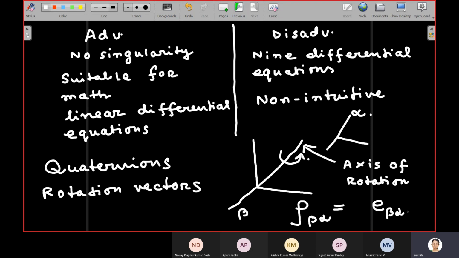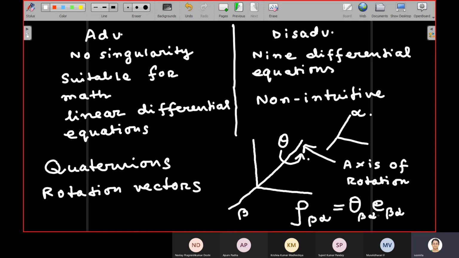Whether we resolve it in the beta frame or alpha frame, we get the same components, right? So E is the axis of rotation, and then we multiply the rotation magnitude. Let's say that we have applied the rotation of magnitude theta, the angle of rotation is theta. So this is the rotation vector. We have the unit vector along the axis of rotation, and then the magnitude of rotation is given by theta.